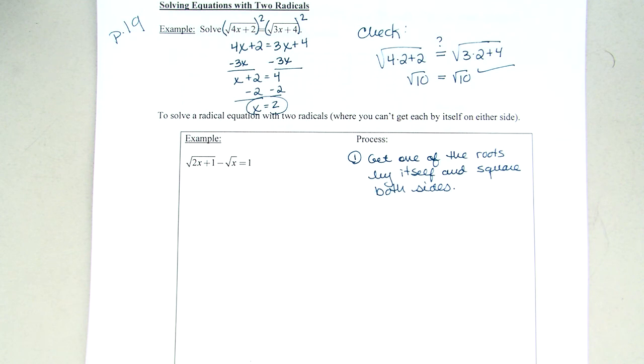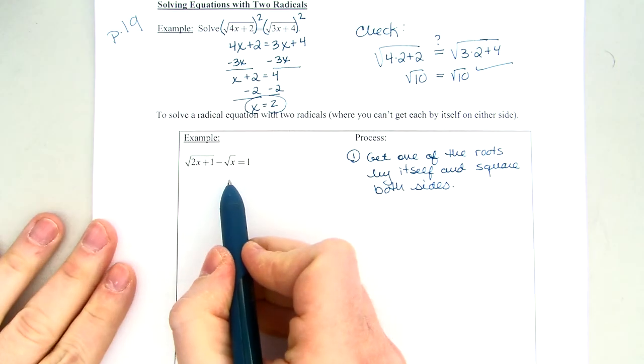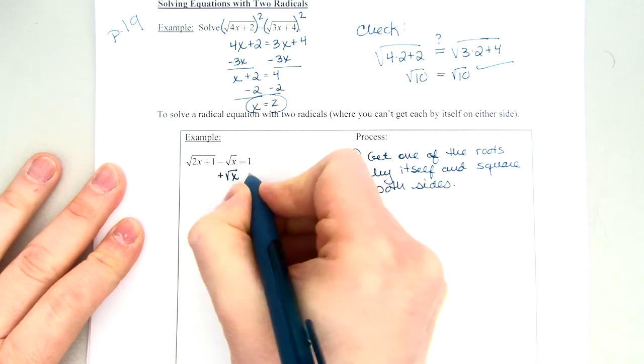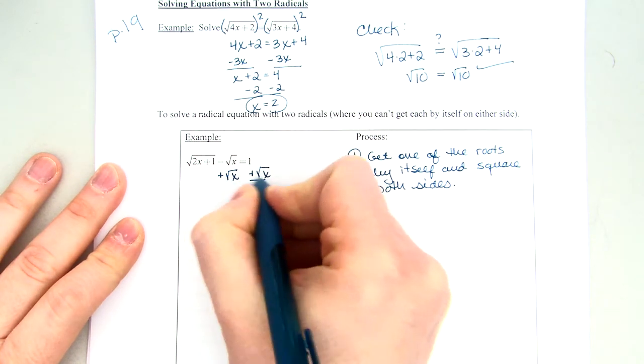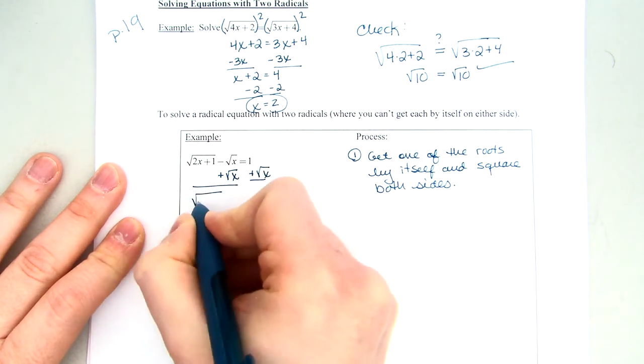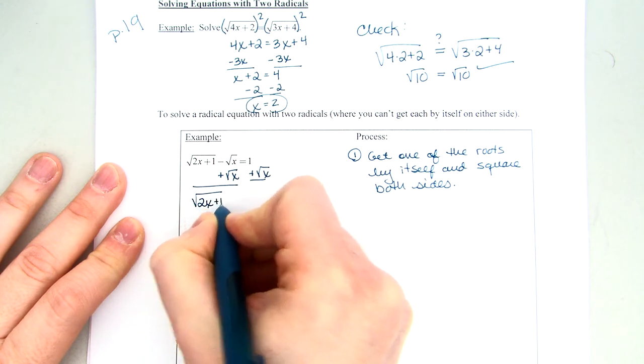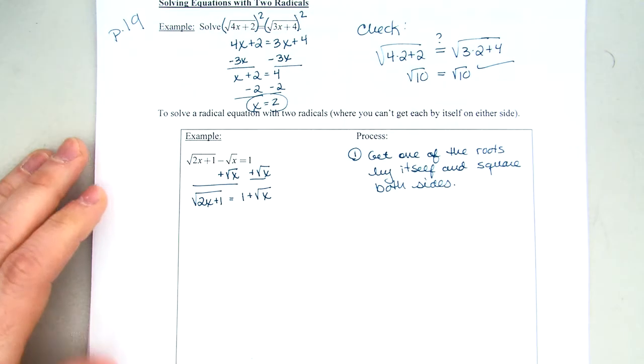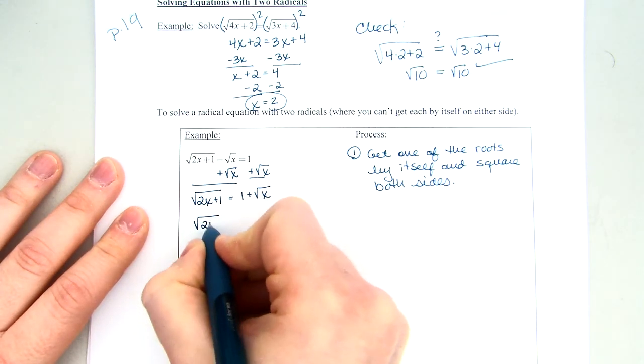And I feel like the easiest way to do this would be to add the square root of x to both sides, because then I'll have this root by itself. The direction was then square both sides.